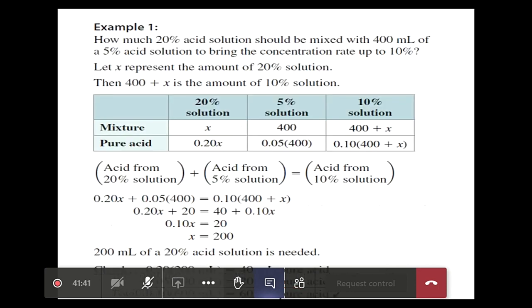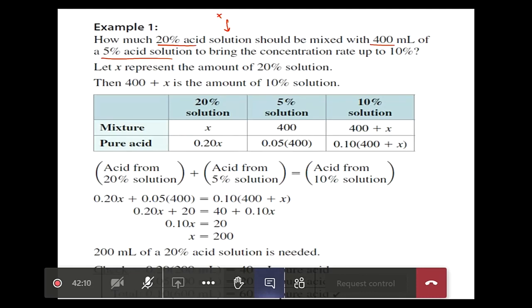Now we have an example. How much 20% acid solution should be mixed with 400 ml of 5% acid solution? So we need the quantity of the 20% acid solution. This is the quantity of this acid solution, this is the x. Okay.